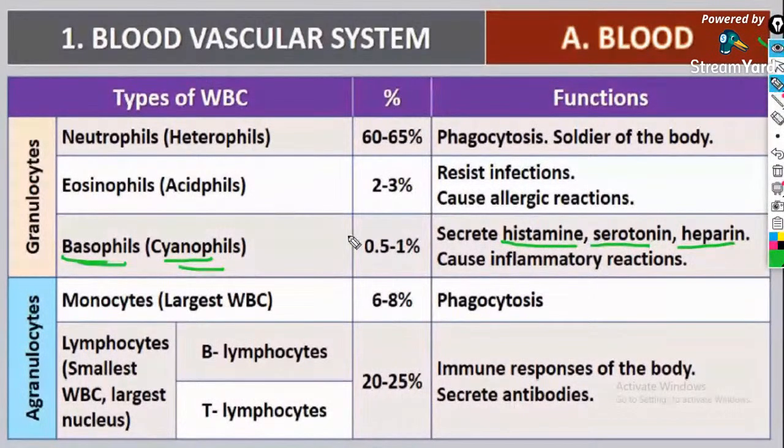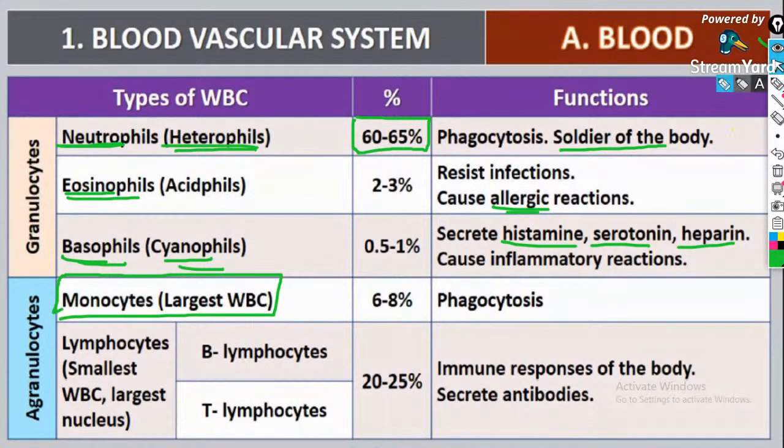Allergic reaction is caused by eosinophils, soldiers of the body are neutrophils or heterophils. The largest amount of WBC, the largest type by count, is the heterophils or neutrophils, 60 to 65 percent. Monocyte, I already showed you the picture. It is the largest WBC. Once again, I'll show you.